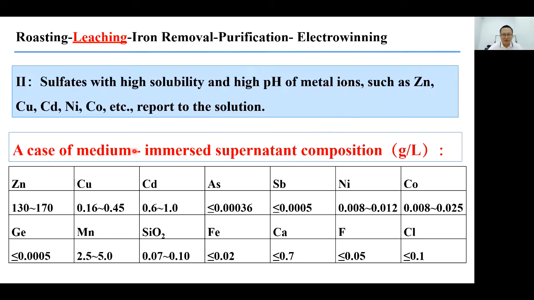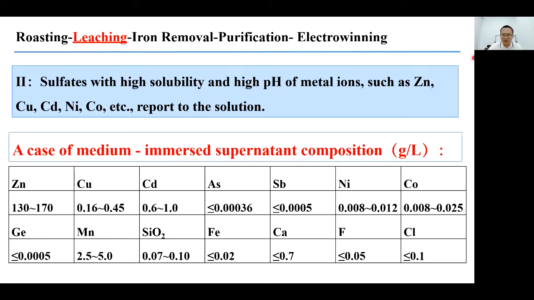So in the medium immersed suspended composition, we can find the zinc concentration can be as much as 170 grams per liter, and the others we can have some amount of copper and some amount of cobalt, nickel, and also germanium. So they are valuable ones. So we should recycle them.